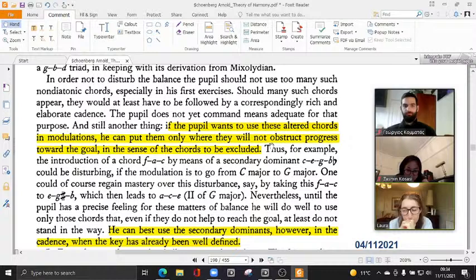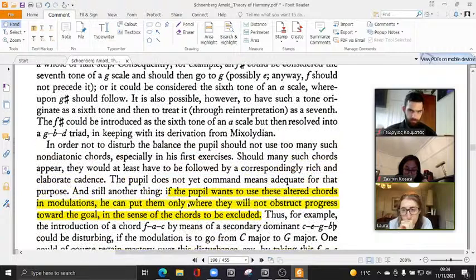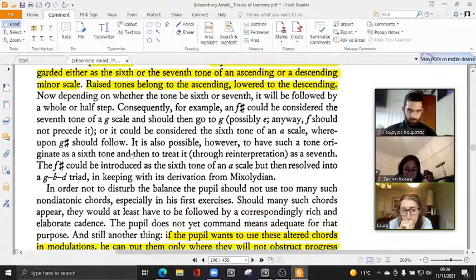If the pupil wants to use these altered chords in modulations, he can put them only where they will not obstruct progress towards the goal, in the sense of the chords to be excluded. For example, the introduction of a chord of F A C by means of a secondary dominant, C, E, G, B flat, could be disturbing if the combination goes to C or G. No, wait a second, that is not what I wanted to say.